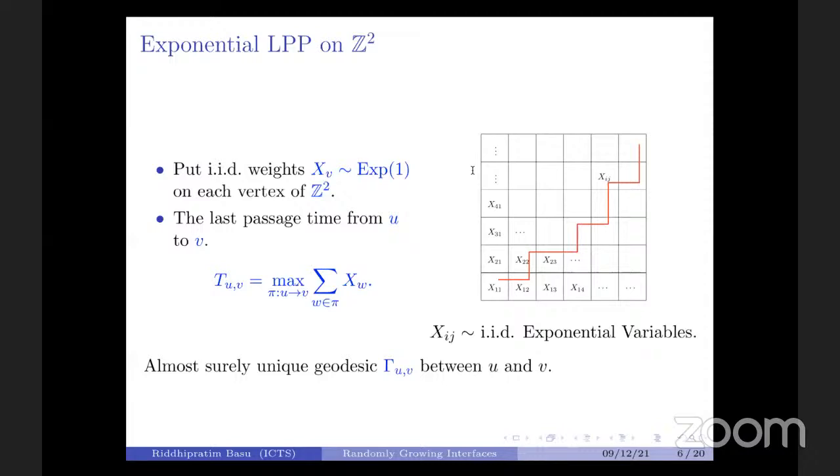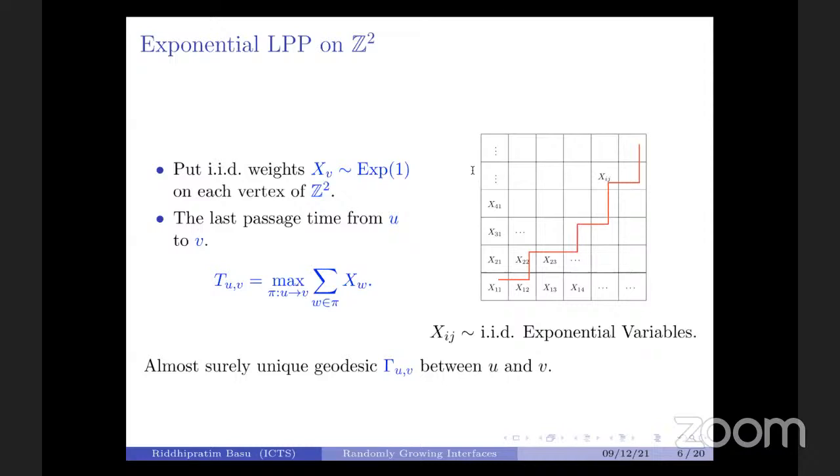There is indeed some success to that effect. I'll talk mostly about one particular example of that kind, which is the last passage percolation model on the plane. I'll explain exactly how that is related to the randomly growing interfaces that I was talking about, but let me first define this model.